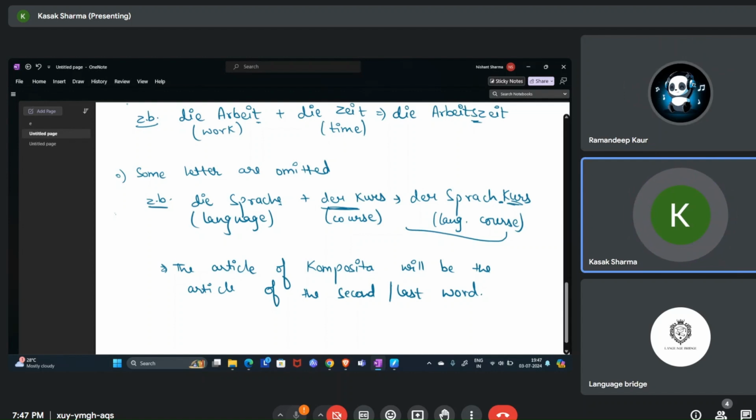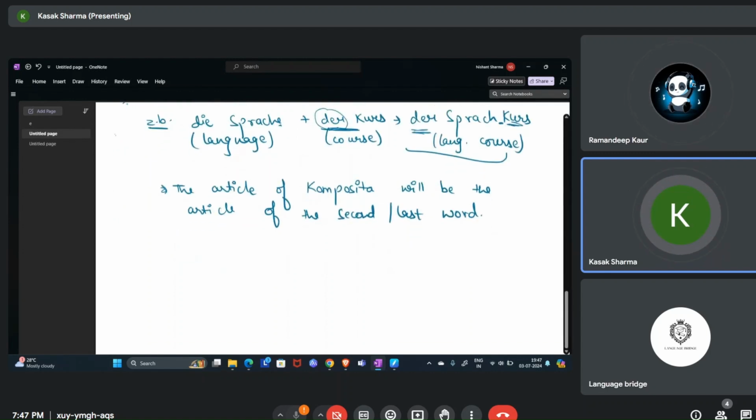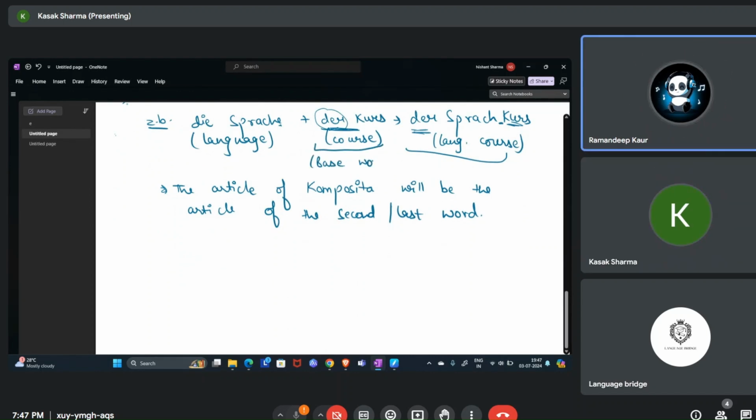For example, here der Kurs, so the article of Sprachkurs is der, and this der comes from this article on the side. Basically we call the second word the base word.